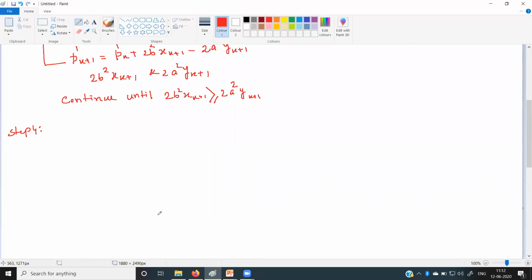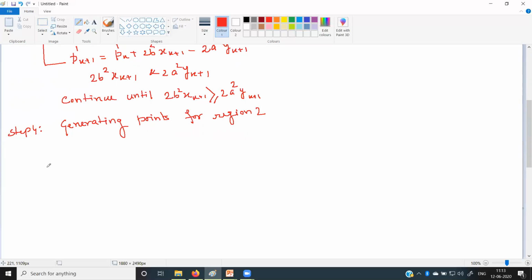So in step 4, what do we have to do? We are generating points for region 2.